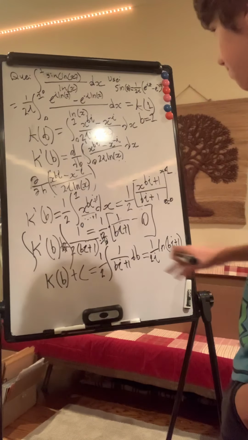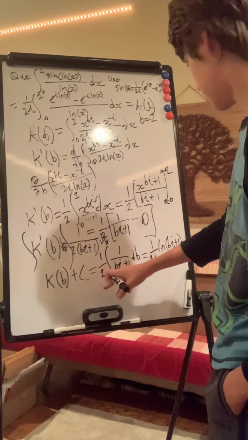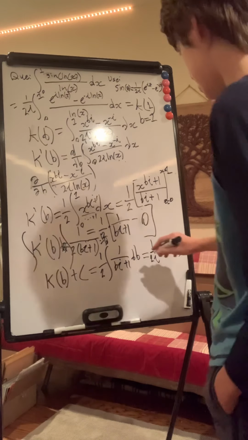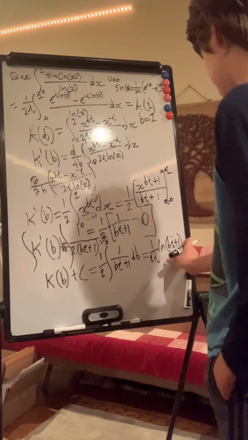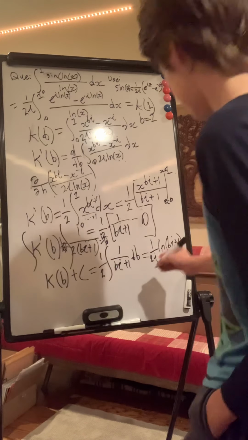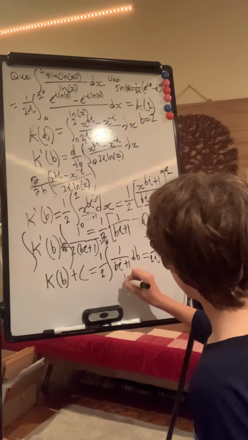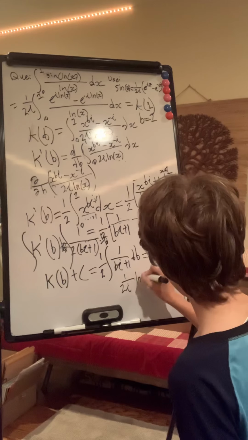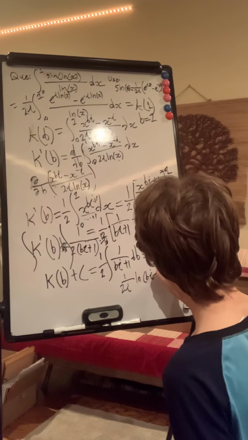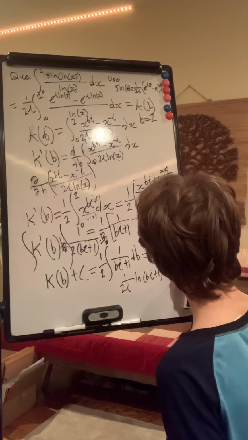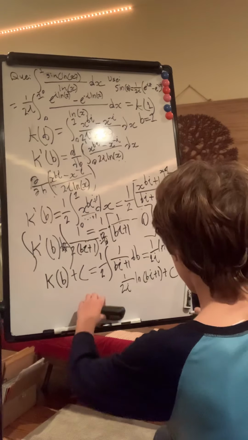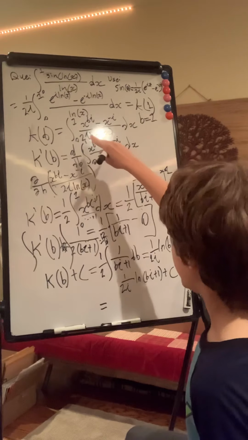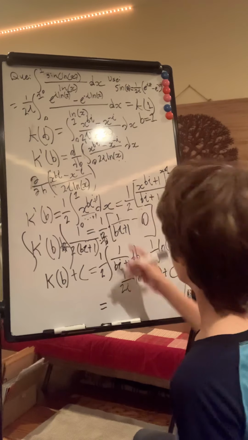Well, we know that this plus c, because this is our thing here, so 1 over 2i times ln of bi plus 1 plus some c, let's put that down, must equal our k of b over there.